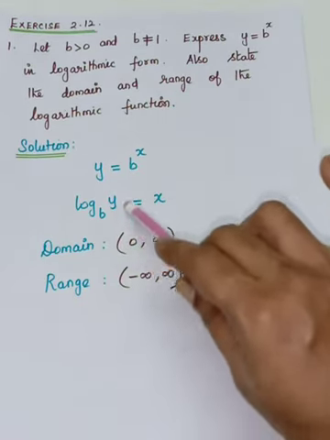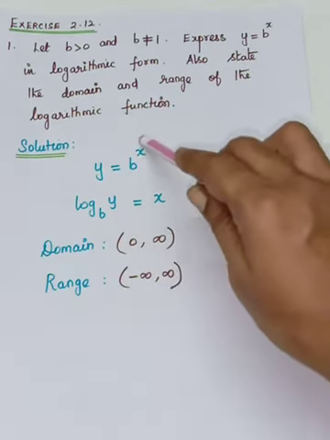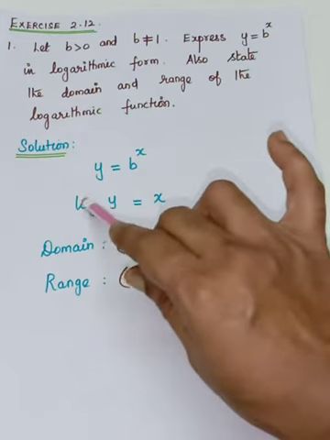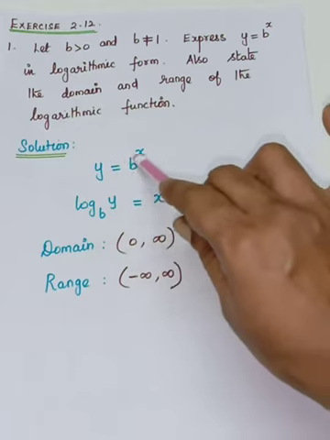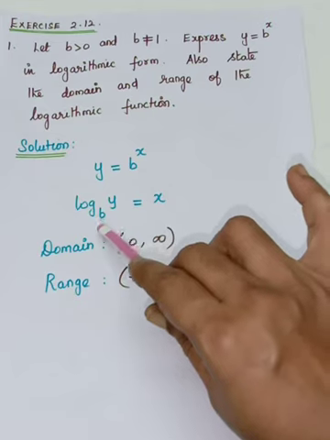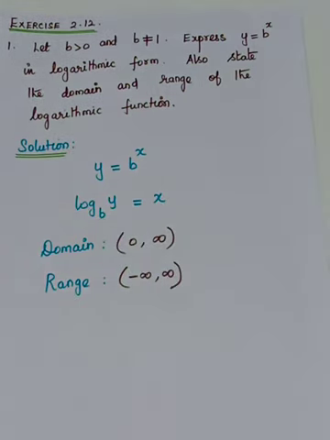So the logarithmic function is used to find the exponent. So the exponent, which is in the power, comes as the answer of the log. So log y to the base b is equal to x, where the base of the exponential function is b.